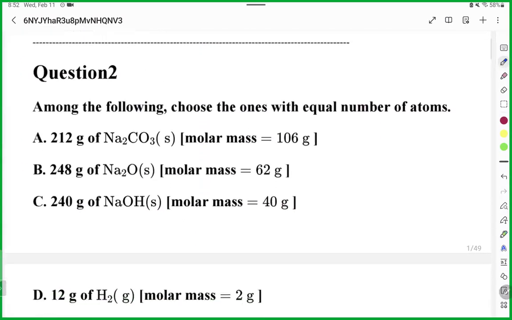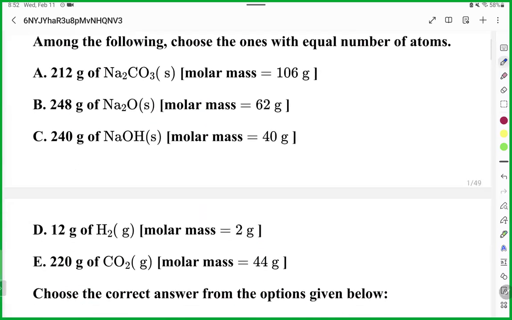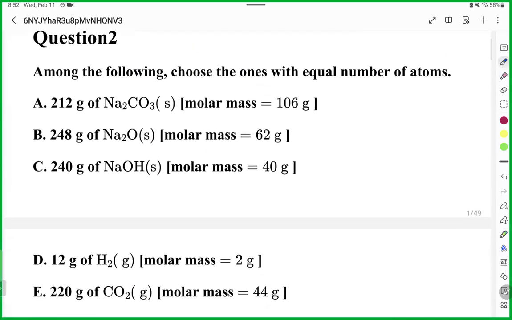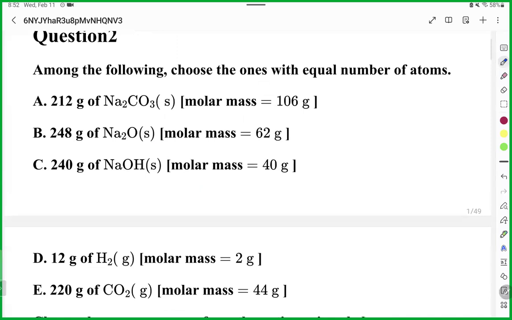Next, you have to choose equal number of atoms in each case. How to calculate? Given mass, total number of moles, given mass 212 by molar mass. Molar mass of this compound is 106.